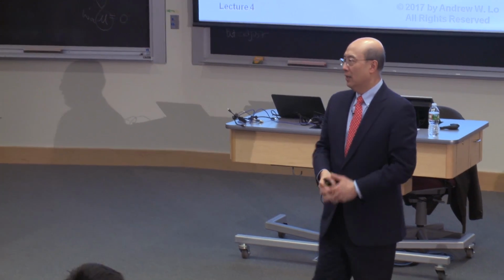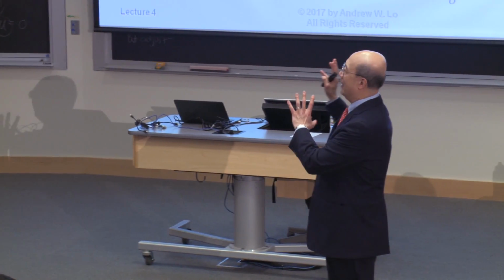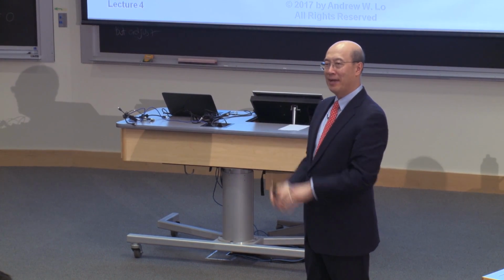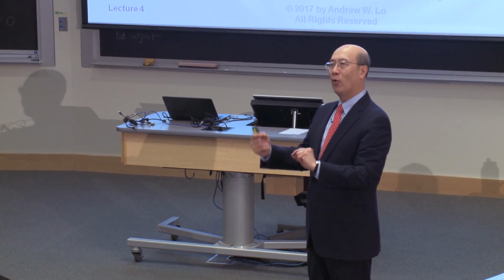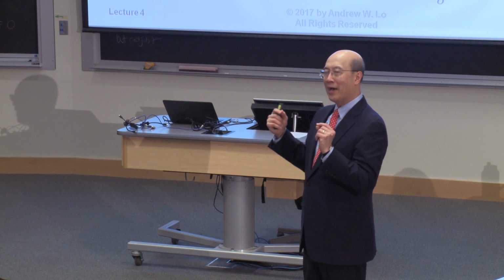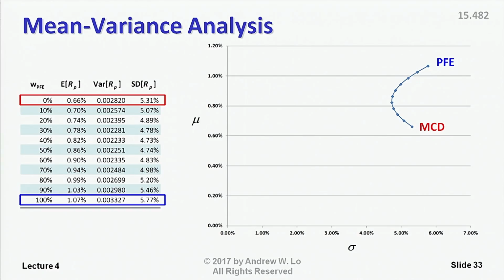Okay. So the interesting fact about this example is not the endpoints, but rather what happens in the middle. Because what we see is that somewhere in the middle, we actually have an opportunity to make everybody better off. We can actually lower the risk and increase the expected return all at the same time.